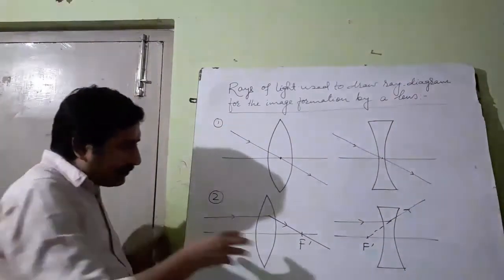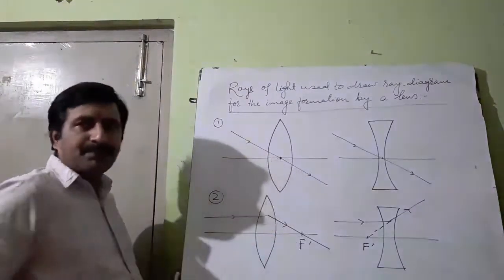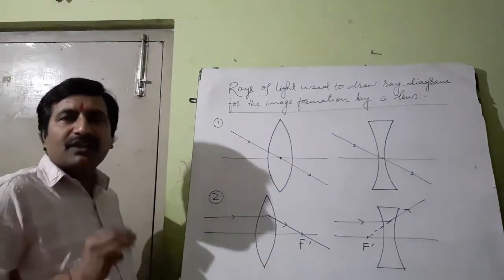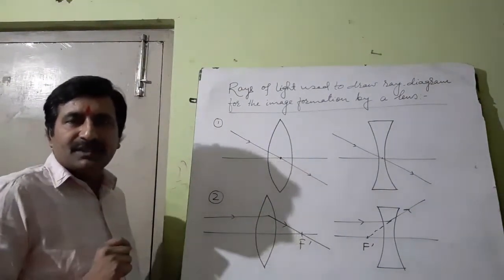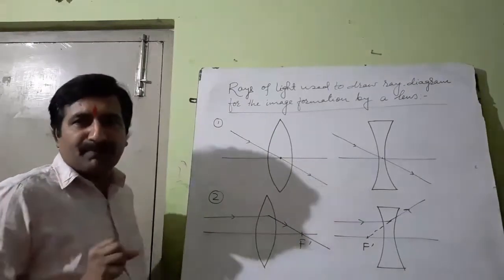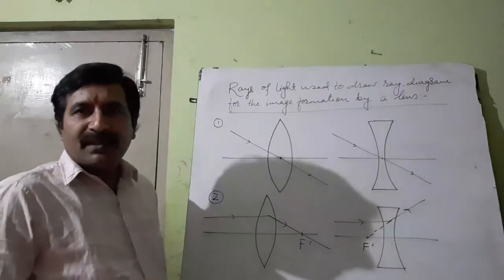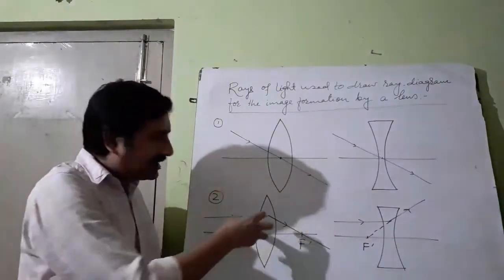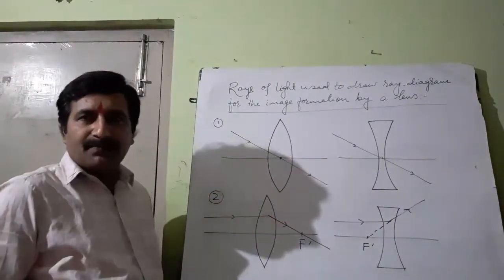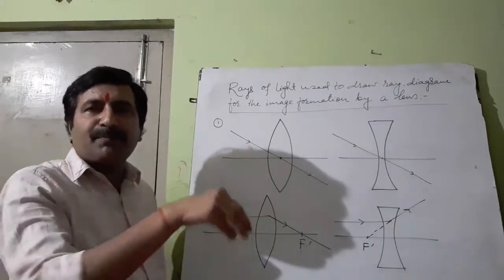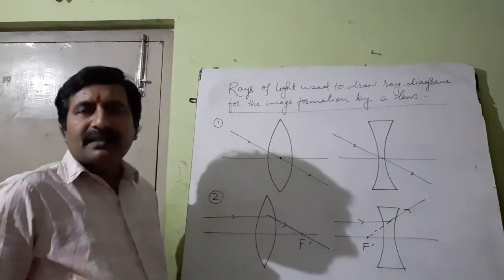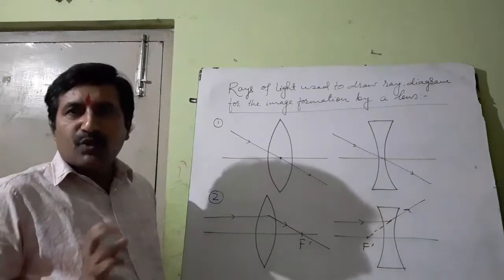You see, if you use this property, you can cause fire, you can burn pieces of paper. If you put pieces of paper and you just focus the sunlight with the help of the convex lens, keeping the pieces of paper at its focus, that will start burning. Why?